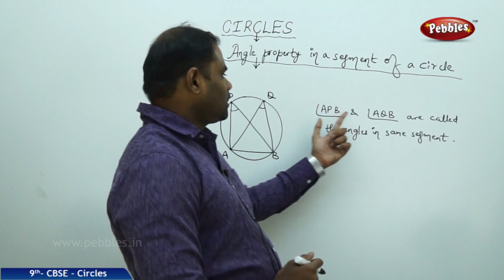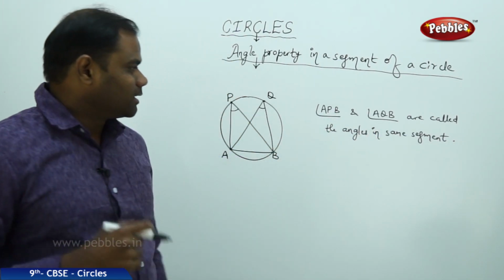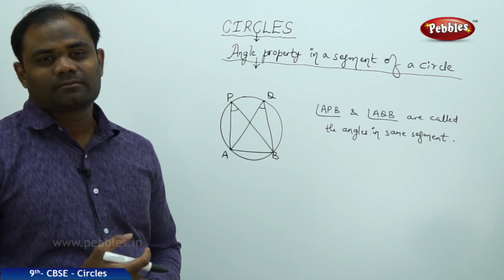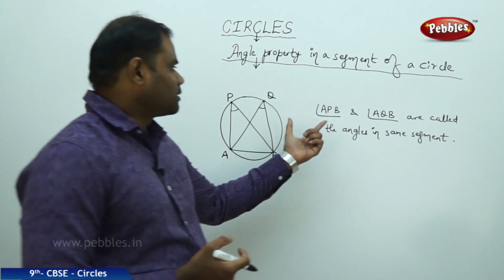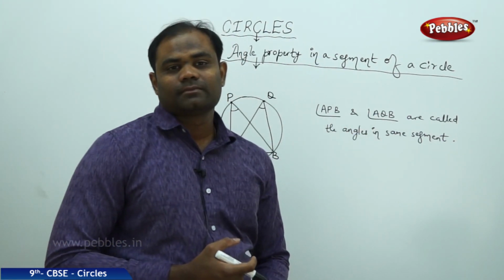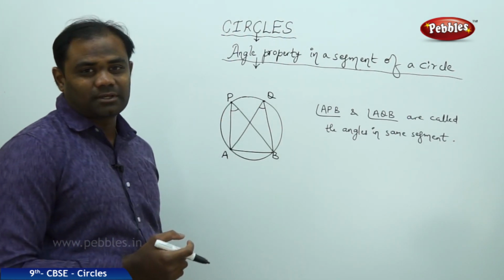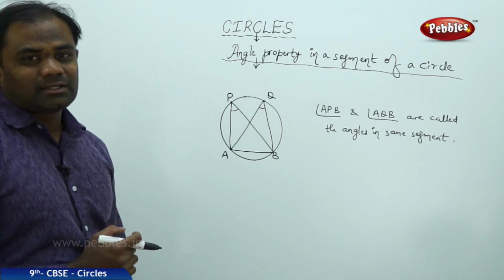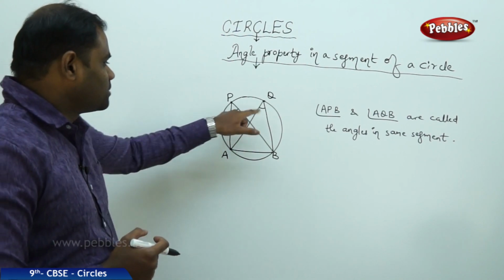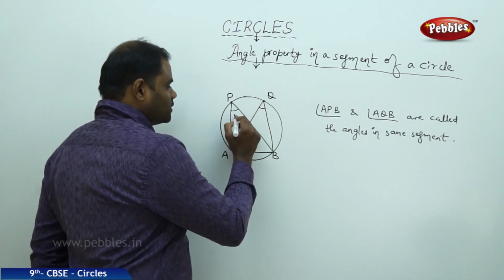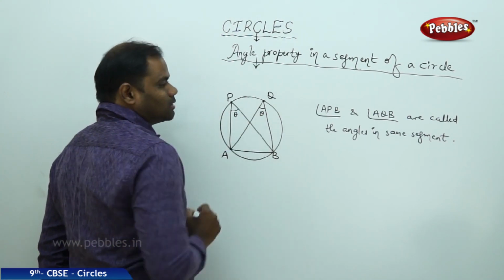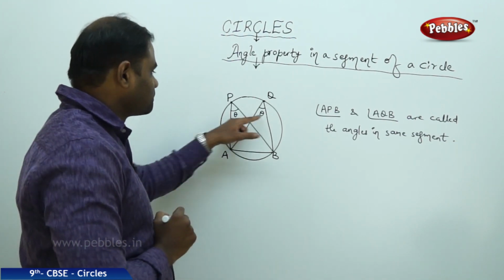Let's see how the property connects the angles in the same segment. The property says that angles which are in the same segment are always equal. So if this is theta, this will be equal to theta.